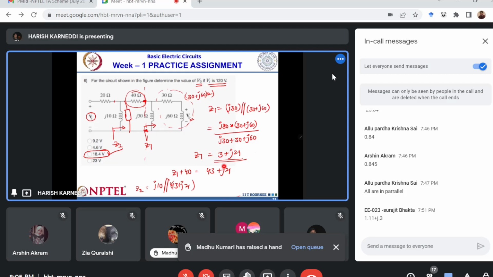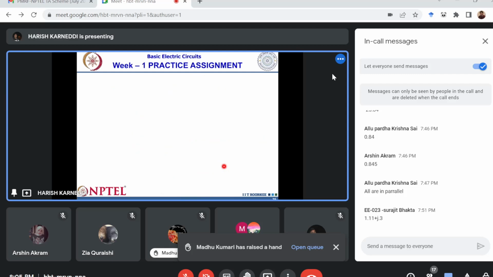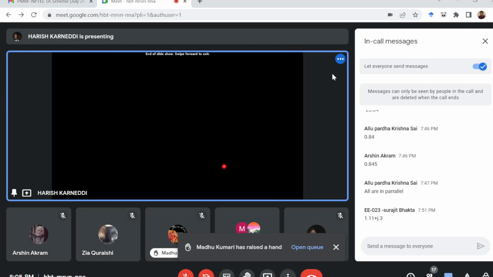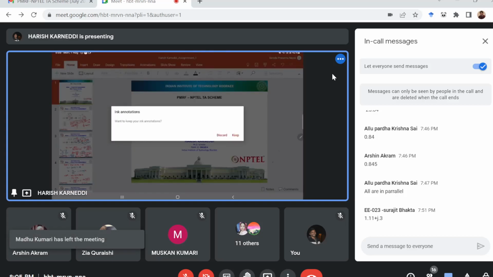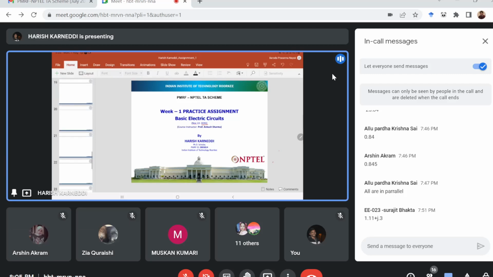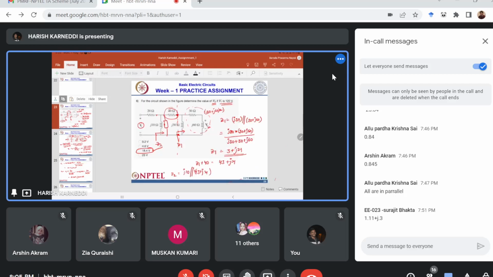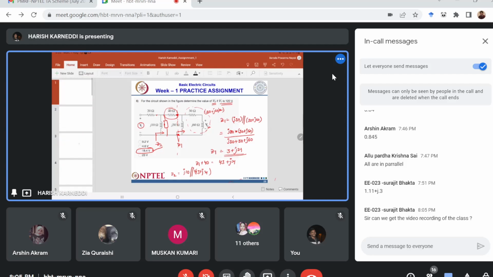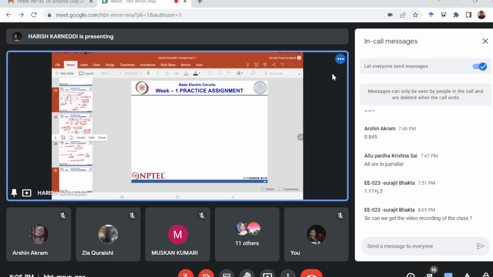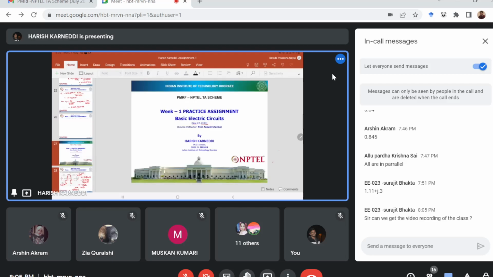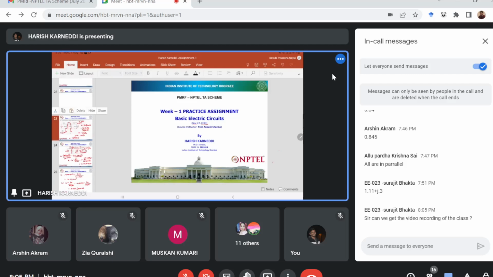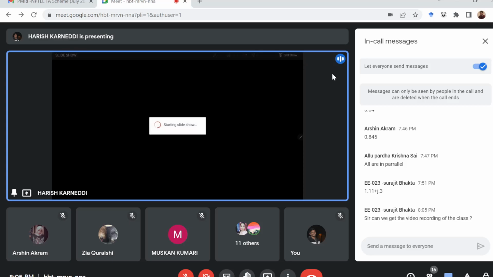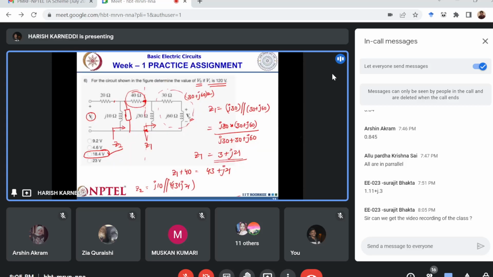Here he gave the value at these input terminals and he wants the value at the output terminals.